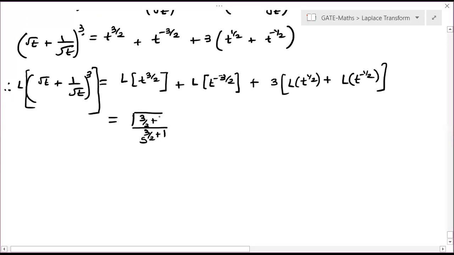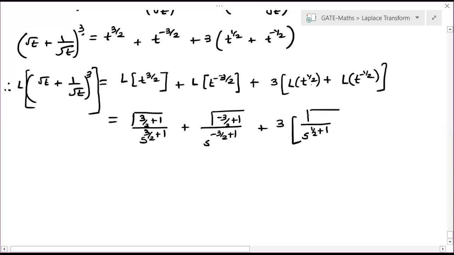So it should be gamma 3 by 2 plus 1. Same thing applies over here for t to the power minus 3 by 2. It is s to the power minus 3 by 2 plus 1, gamma minus 3 by 2 plus 1, plus 3 times t to the power half, same rule, s to the power half plus 1, gamma half plus 1, plus s to the power minus half plus 1, gamma minus half plus 1.